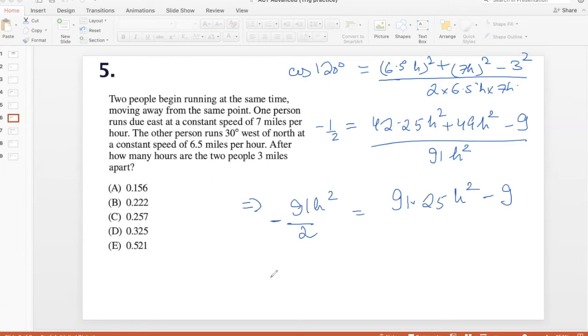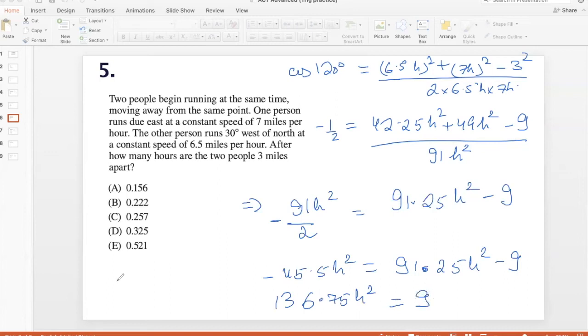So this I can write as minus 45.5h squared is 91.25h squared minus 9. So if I add both of them, I'll get 136.75h squared is 9.